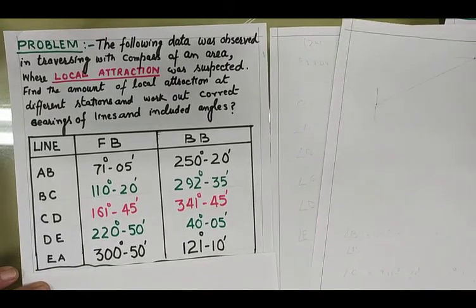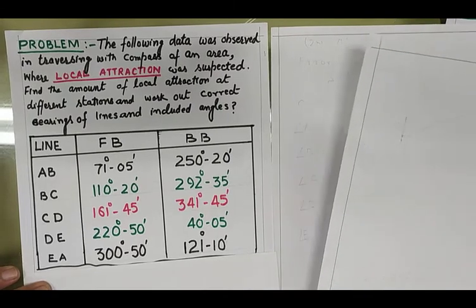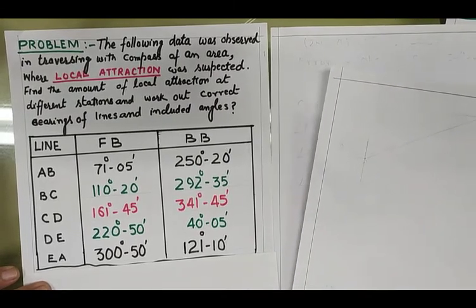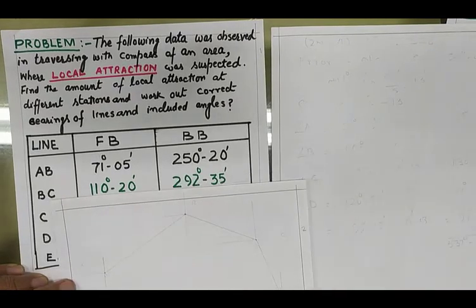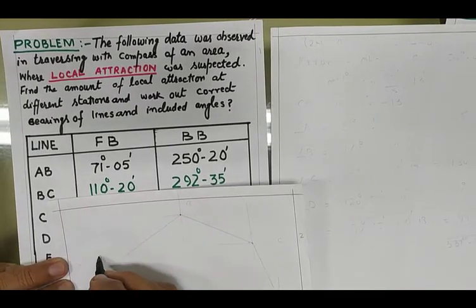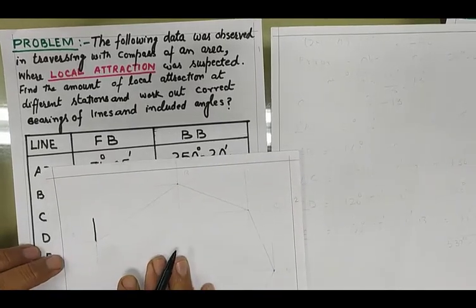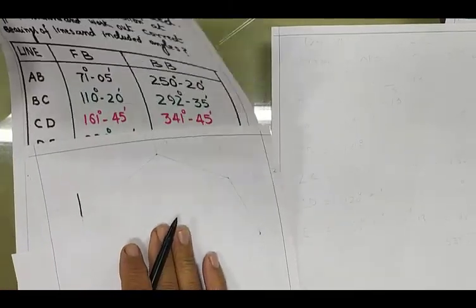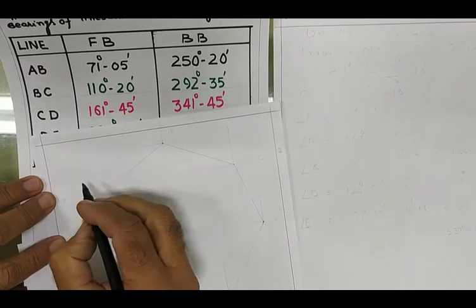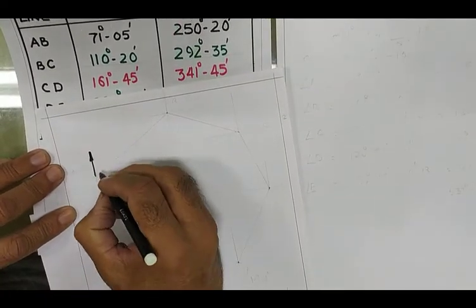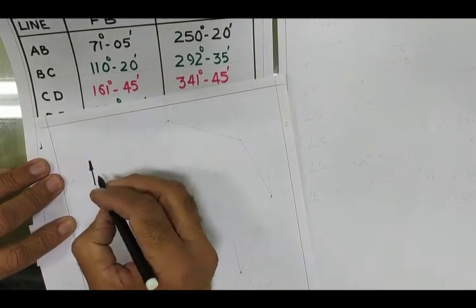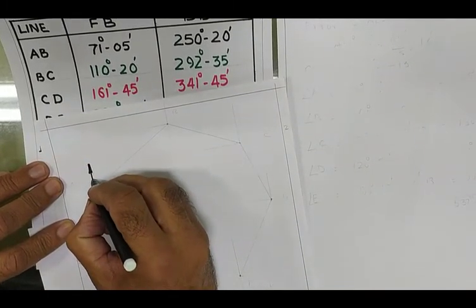First, the fore bearing of line AB: take any point A, it is 71 degrees 5 minutes. For this, you first mark the north line. Then this fore bearing of the line is 71 degrees 5 minutes.